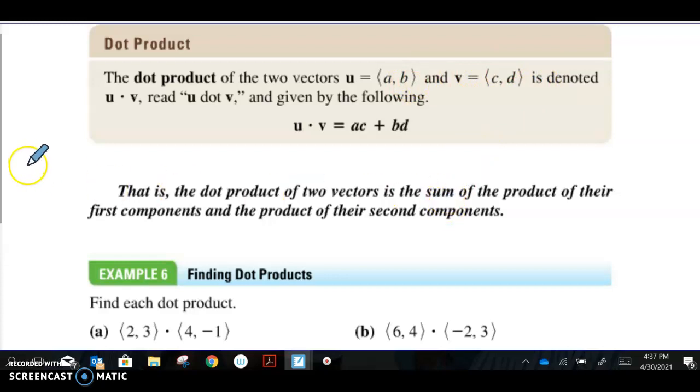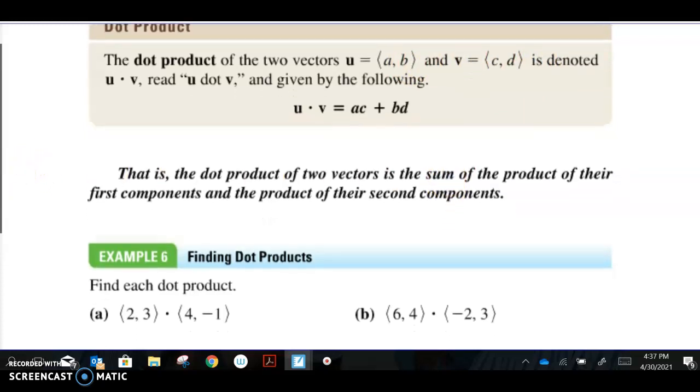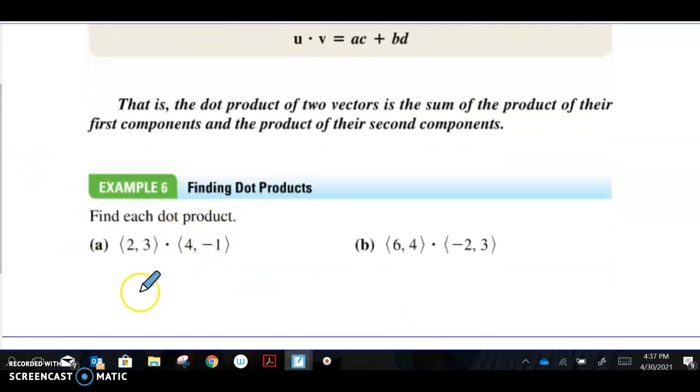It's just one number. So the dot product here is 8 plus negative 3, which is 5. Here we get negative 12 plus 12, which is 0. Okay, that's just the dot product.